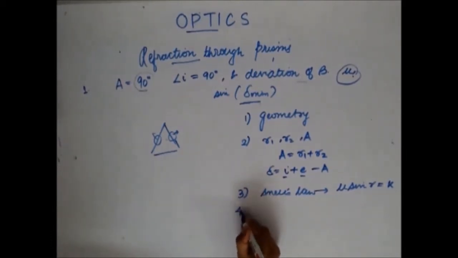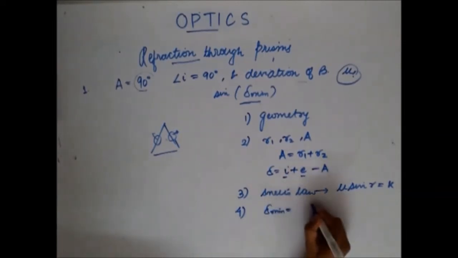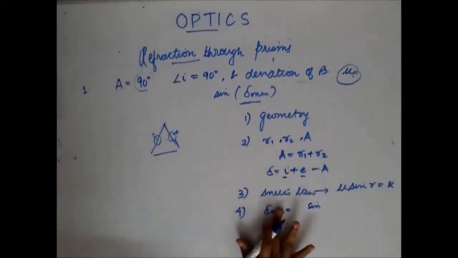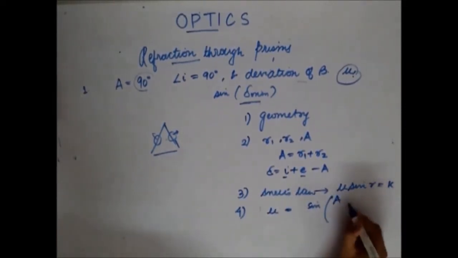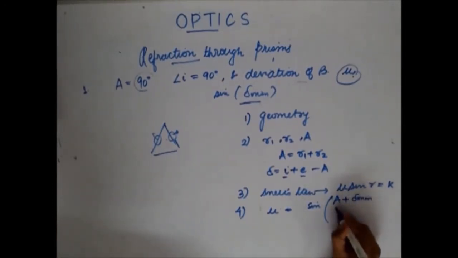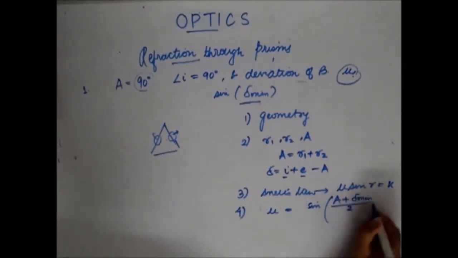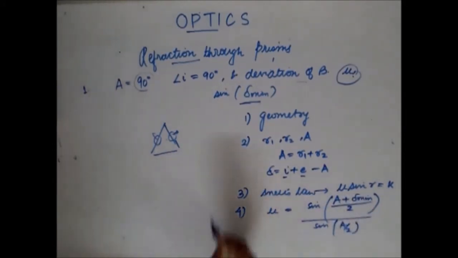The fourth thing which you should know is mu in terms of delta minimum, when the angle of deviation is minimum: mu is equal to sine of (A plus delta minimum) by 2, divided by sine of A by 2. Okay. So these are a few things you should keep in mind while solving questions related to prisms.